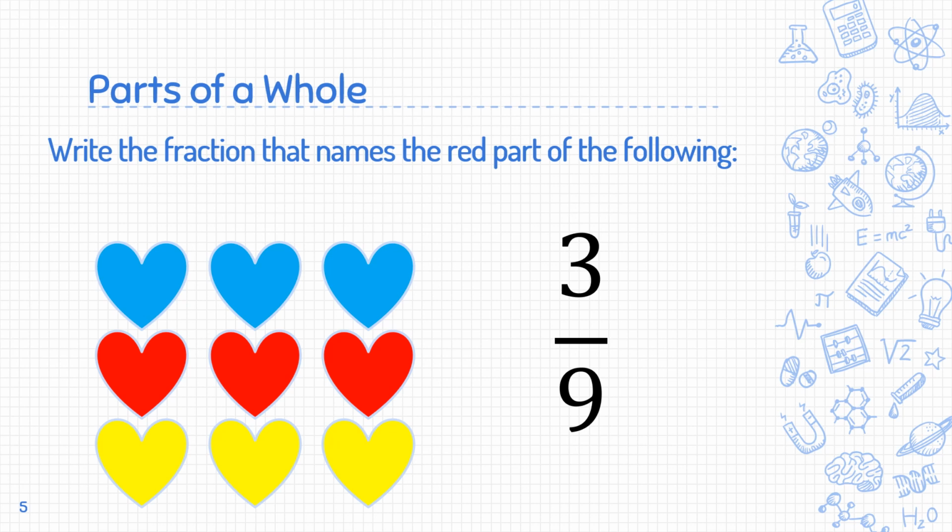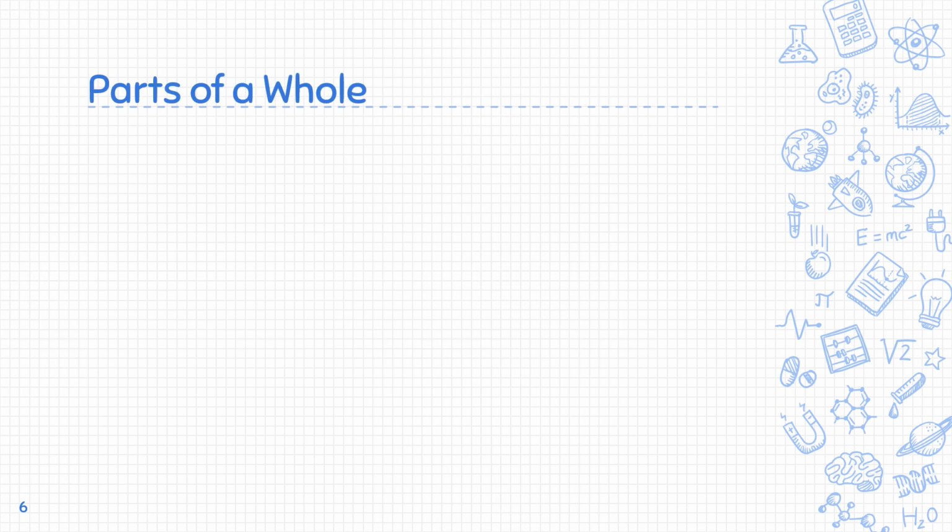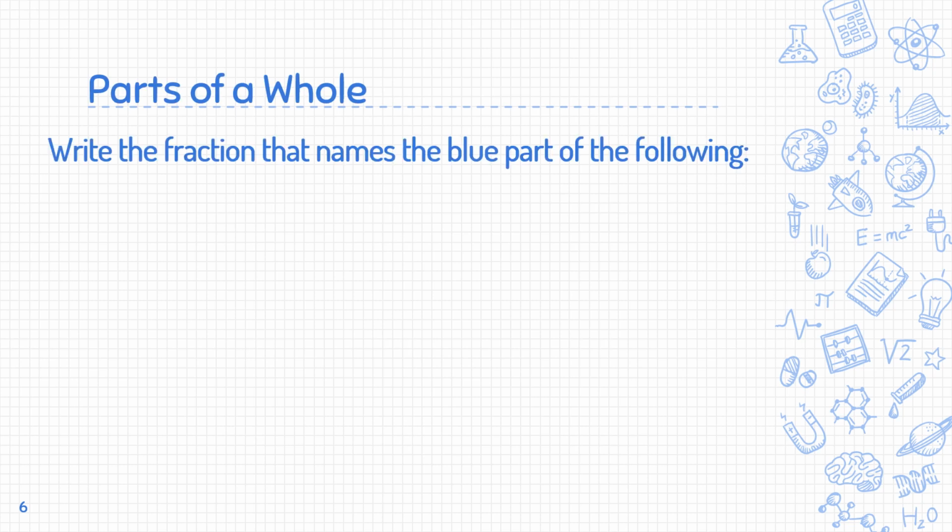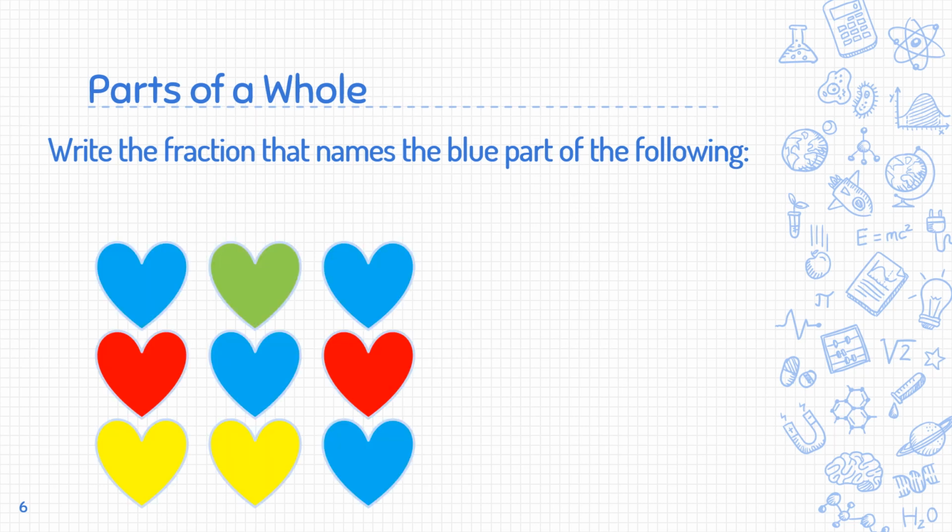Let's do another exercise. Same thing. Write the fraction that names the blue part of the following. We have hearts again. How many can you see? That's right, there are 9 hearts, so the denominator is going to be 9. And how many blue hearts?